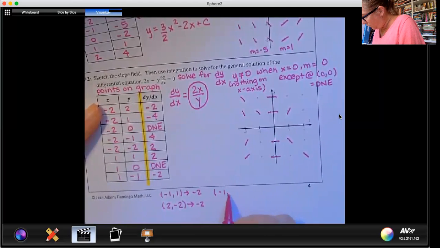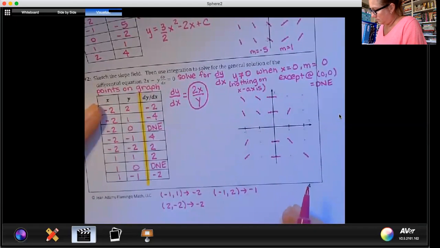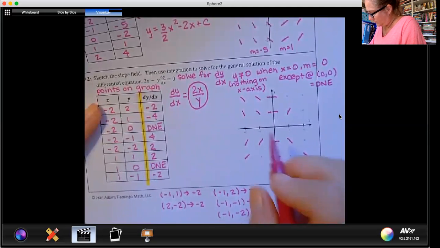At (-1, 2) is -1. At (-1, -1) is 2. And at (-1, -2) is 1.